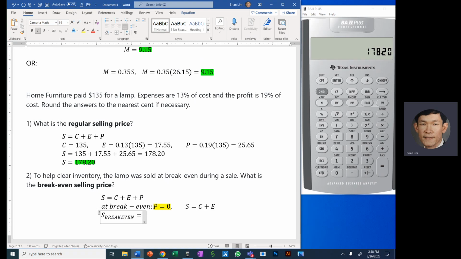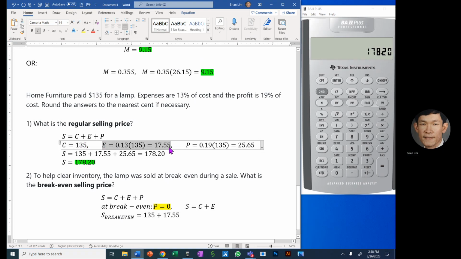Well, C plus E, and C is equal to 135 plus the expenses is 17.55. Okay, I'm getting the numbers from right here. That is the cost, 135, and the expenses are $17.55.